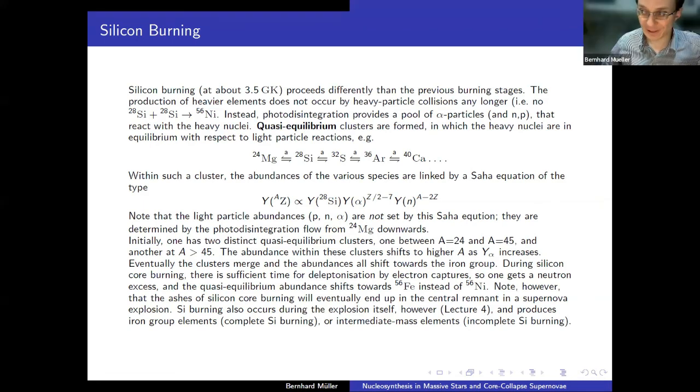Yeah, ultimately, this is a very good question. How do we know about this observationally? There are two sources of information. One is you can look at the abundance of stars in the observable universe, the stars that are just around and have been formed from supernova ashes, like our sun.